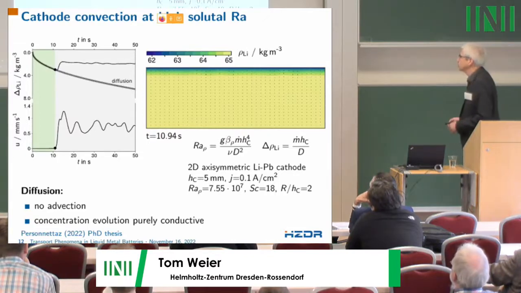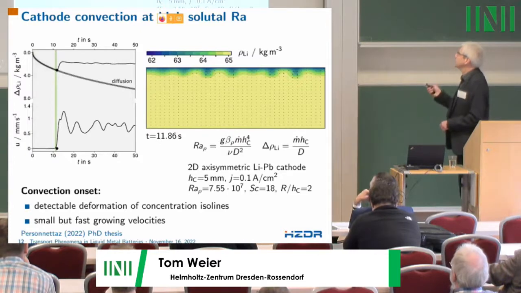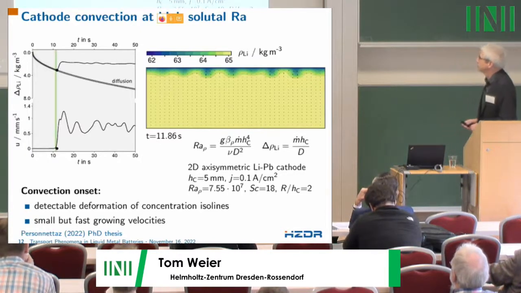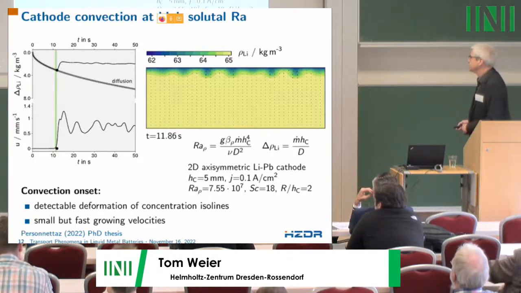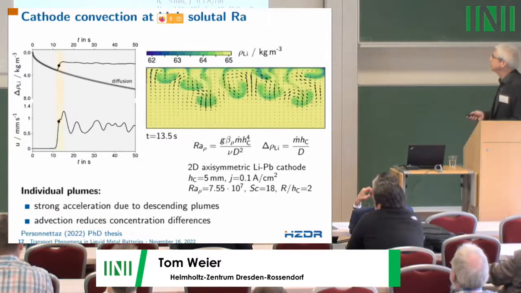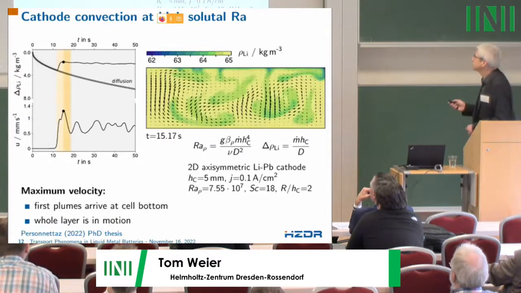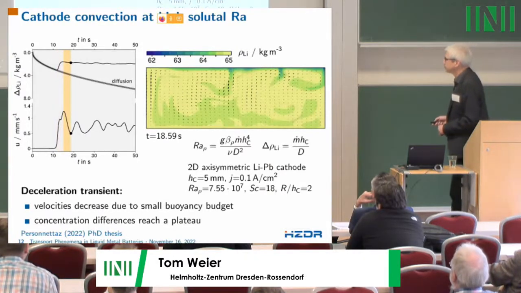Concentration evolution is purely conductive. But then convection sets in with a deformation of the equiconcentration isolines, and we have small but fast-growing velocities. Plumes develop. These plumes touch the bottom, and then we are almost in a sort of quasi-steady state.